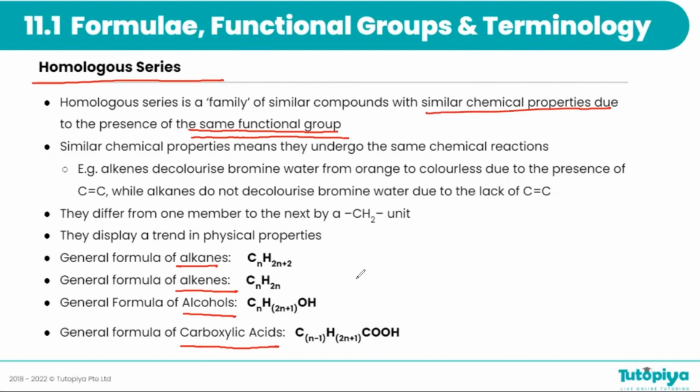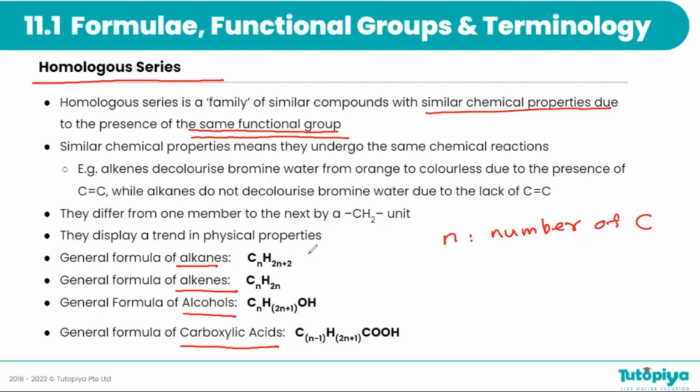And here, the general formula for each of these homologous series are given. Alkanes, it would be CnH2n+2. This n is always the number of carbons.